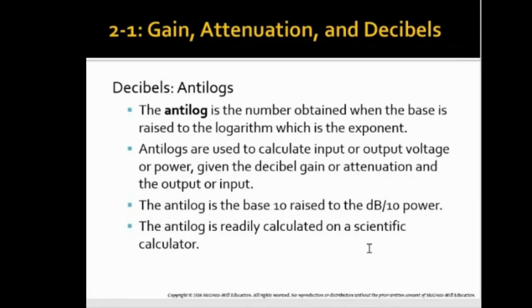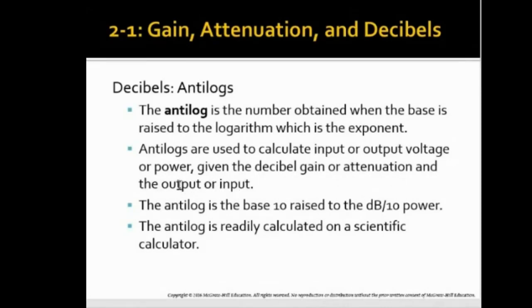As I said, anti-logs are used to calculate input or output voltage or power given the decibel gain or attenuation and the output or input. So attenuation and one of the input or output is provided, and we are looking for the other.